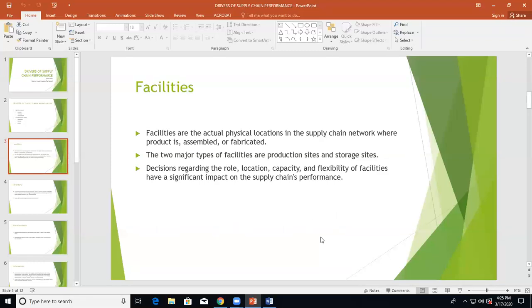Their production facilities are at Kabirwala and Multan, so Kabirwala and Multan are the facilities of the Nestle company. These are the actual physical locations in the supply chain network where the products are being manufactured. We will be learning how to measure the performance of the facilities.